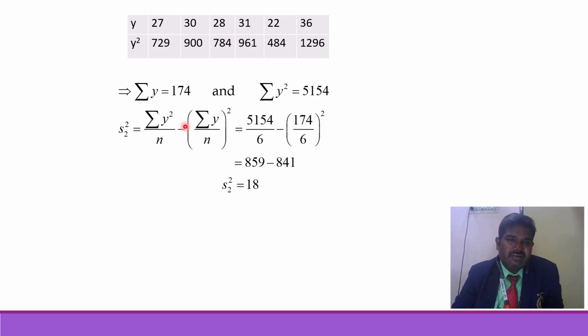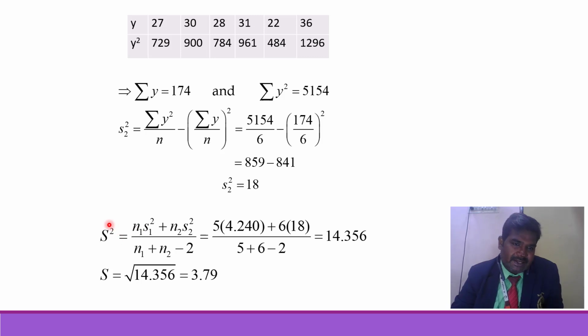We can calculate the variance of the second sample. S2 square equals summation y square by n minus summation y by n whole square, so 5154 divided by 6 minus 174 divided by 6 whole square. That is 859 minus 841, so S2 square is 18.